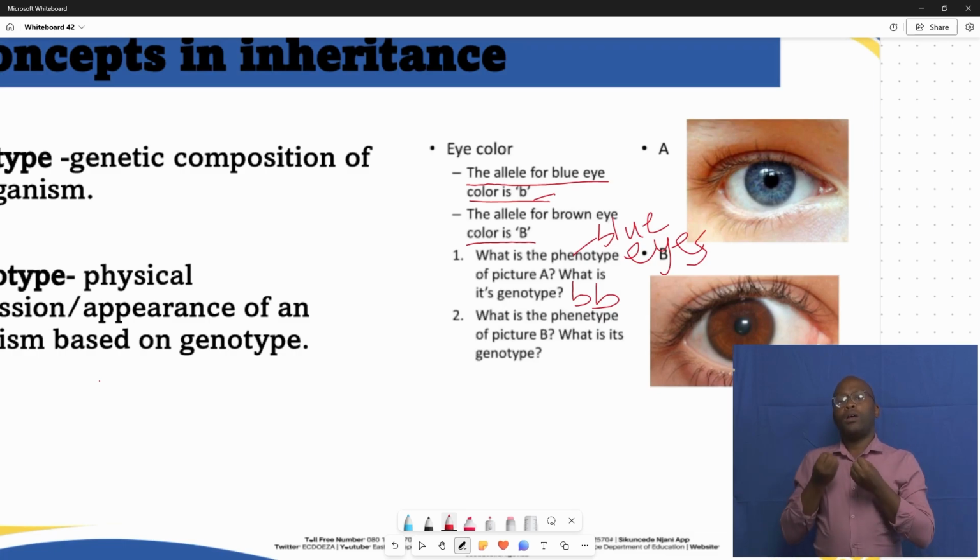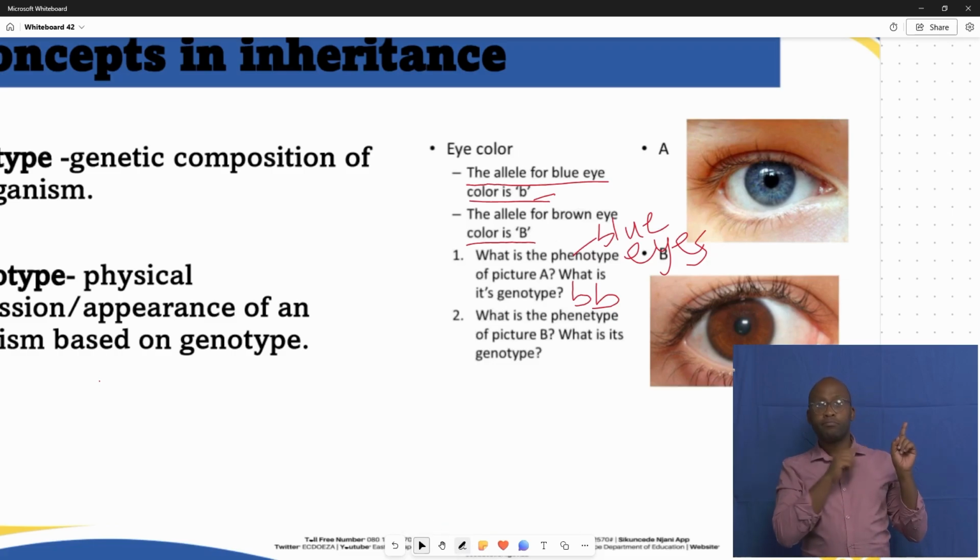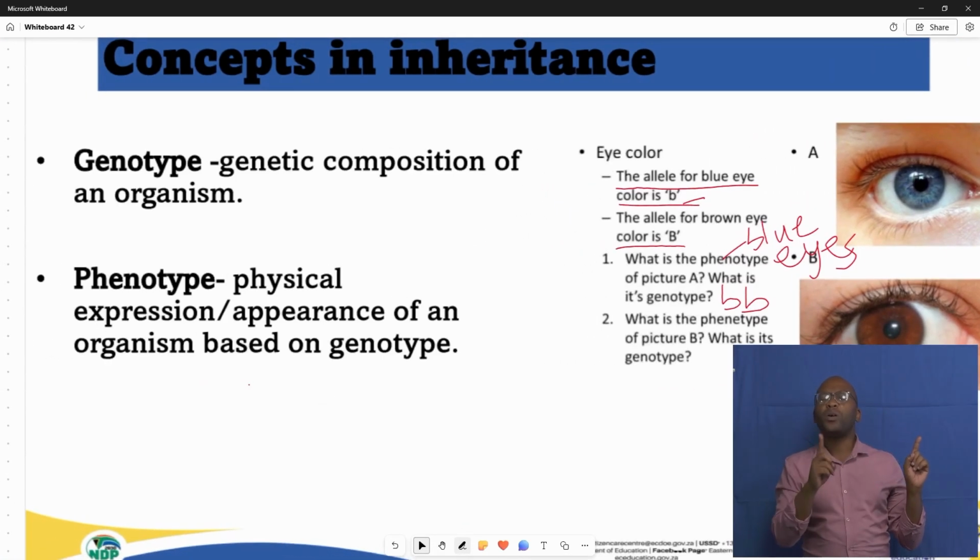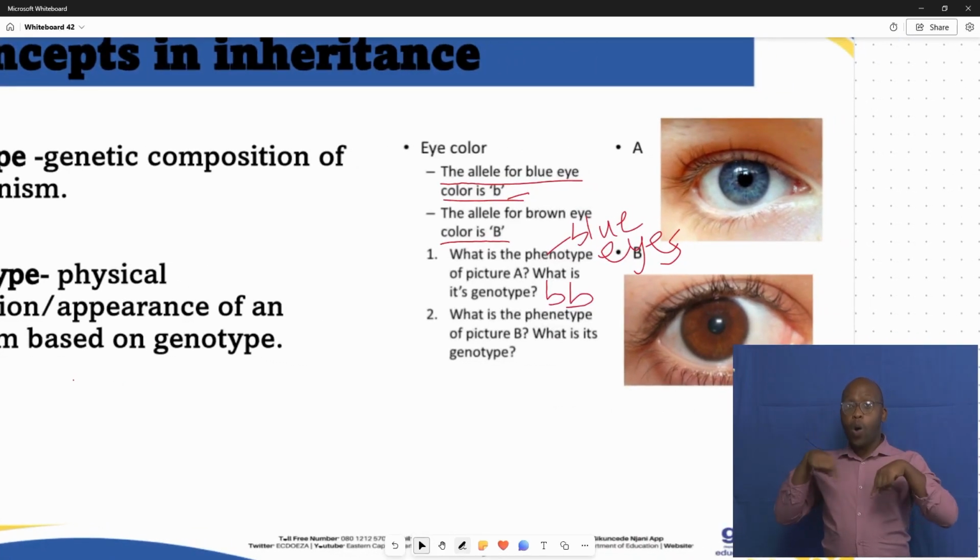The second question asks, what is the phenotype of picture B? Let us remind ourselves that the phenotype is the physical expression or appearance. If we look at the second diagram, these eyes appear to be brown.